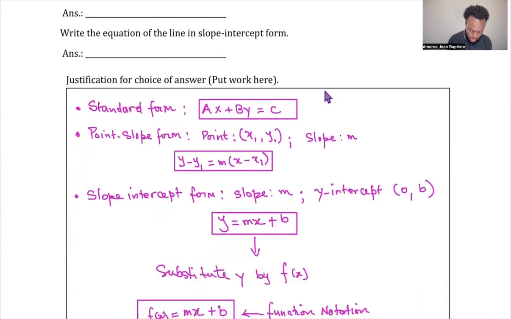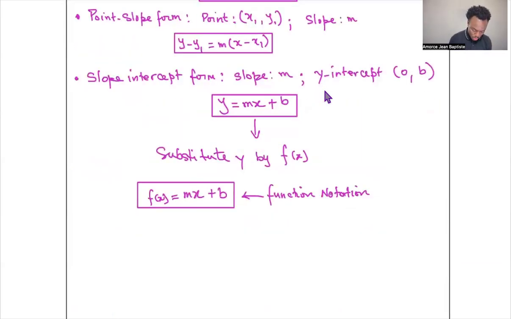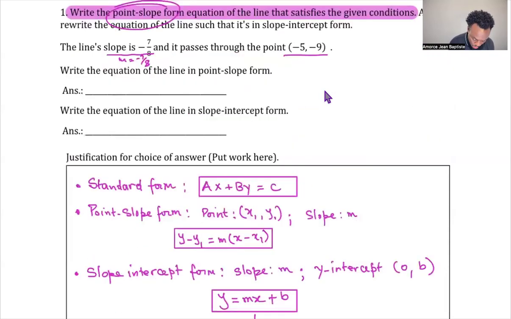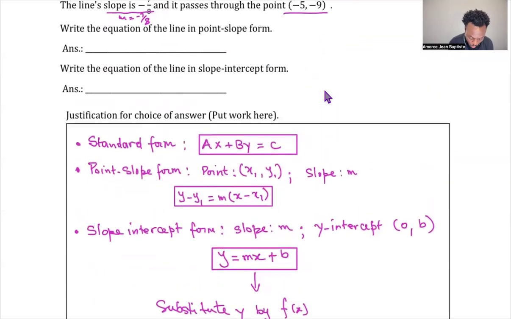So I'm going to come here using this. The slope of the line, m, is -7/8. And then the y-intercept, well, not the y-intercept, actually.